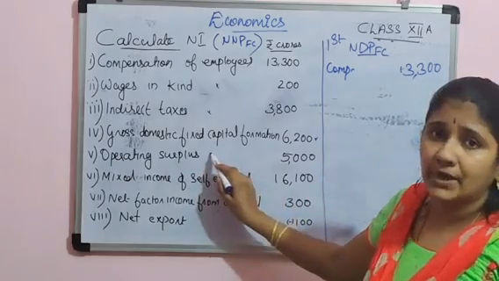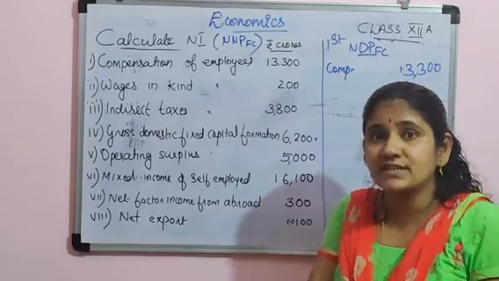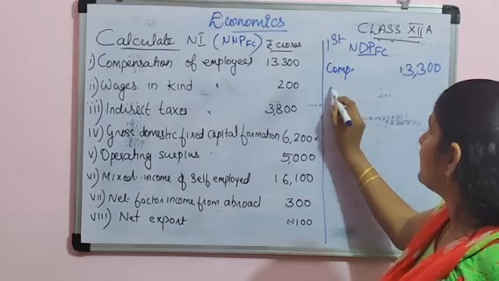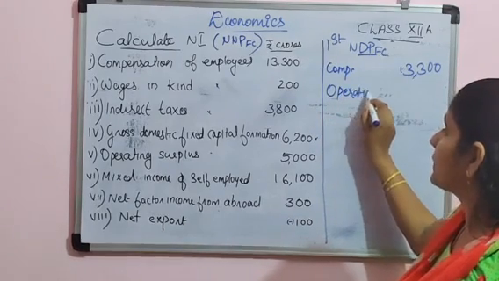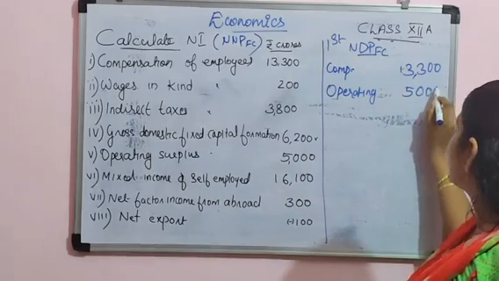What about operating surplus? Is it a part of this income? Yes, so this one we will be considering. I am writing here operating surplus, and the value of that is 5,000.